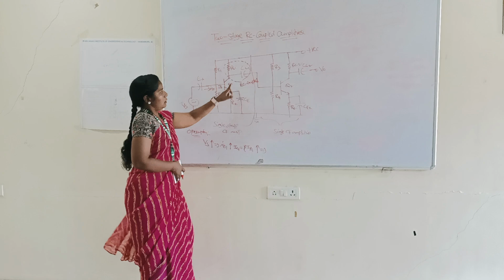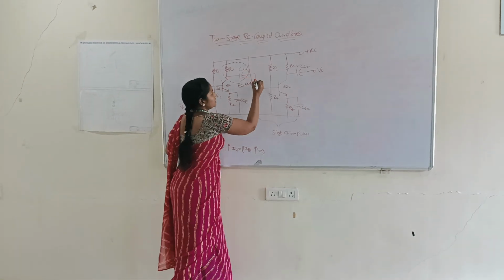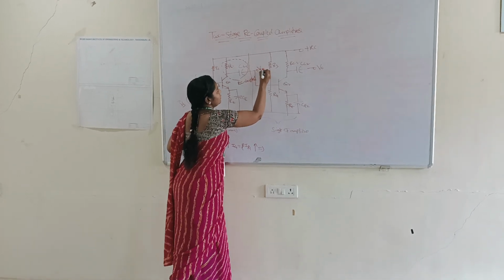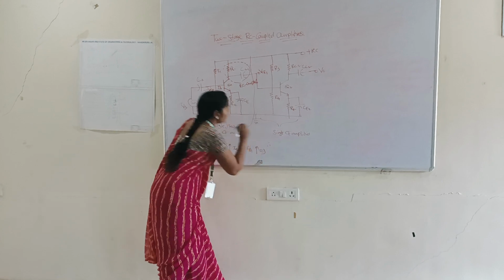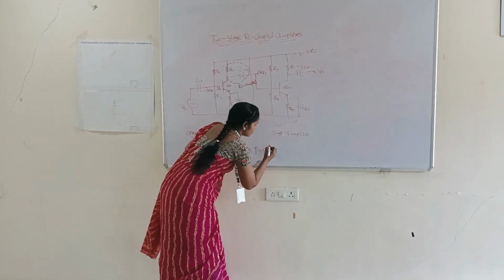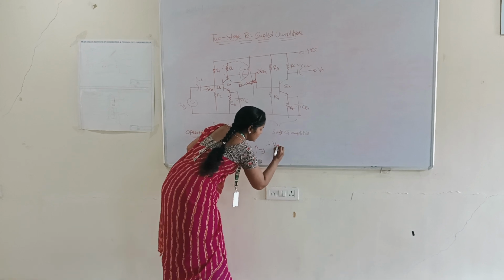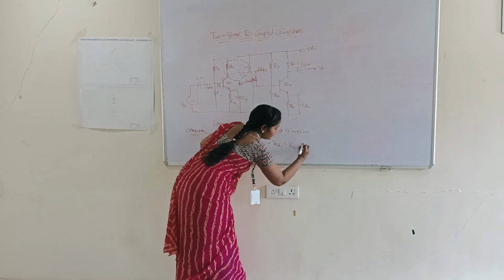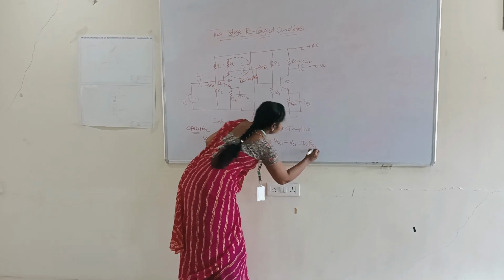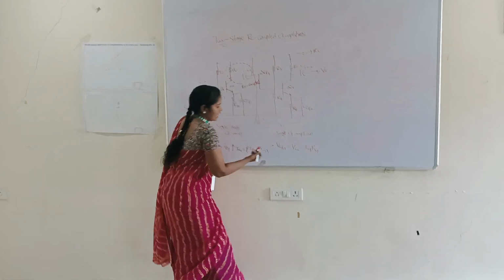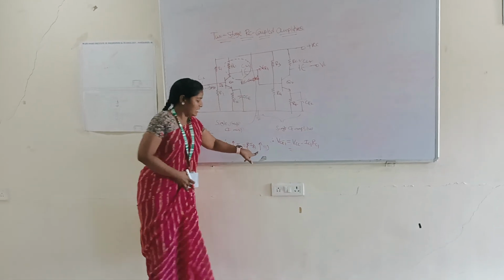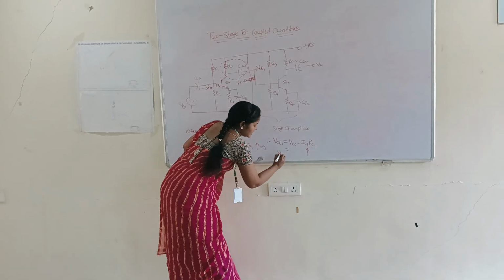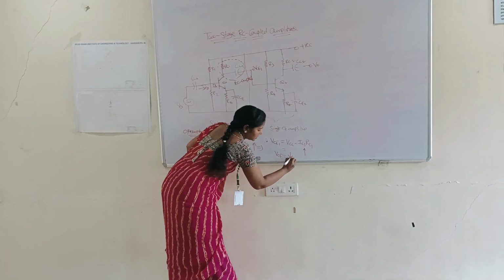Okay. In that, this is the first stage output VCE1. Therefore, we are applying VCE1 equals the total supply VCC minus IC1 RC1. So IC1 is increased, so VCE1 is decreased.